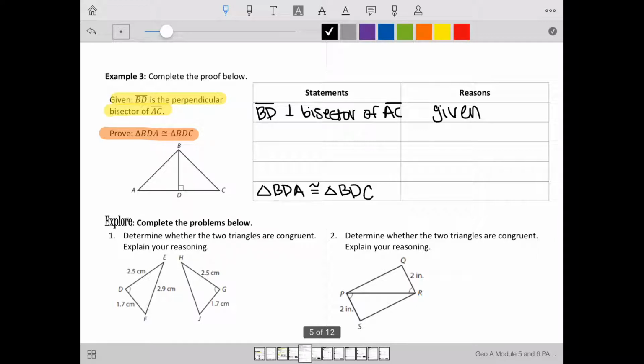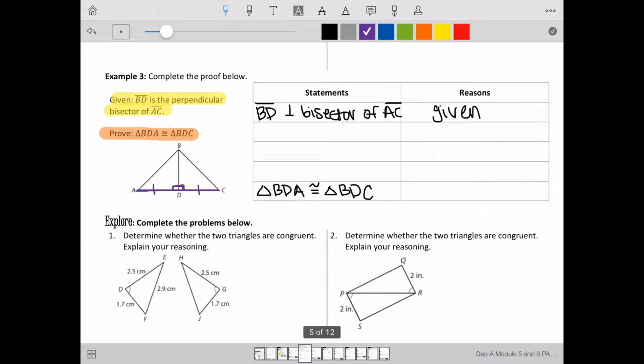So let's think about what the word perpendicular bisector means. A perpendicular bisector always makes a right angle, which we can see in the picture. And a perpendicular bisector always cuts a segment perfectly in half. So this bottom side of the triangle is being cut perfectly in half, which means this side must be congruent to this side.